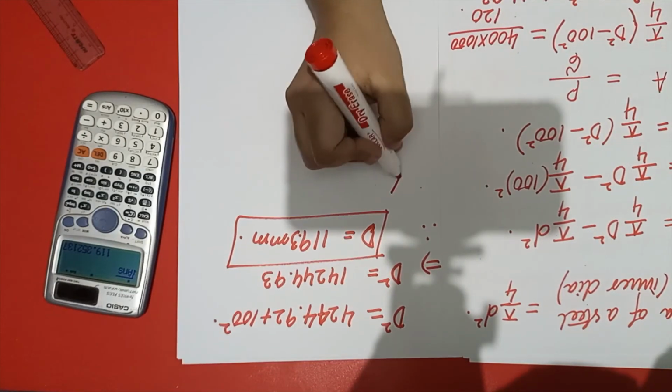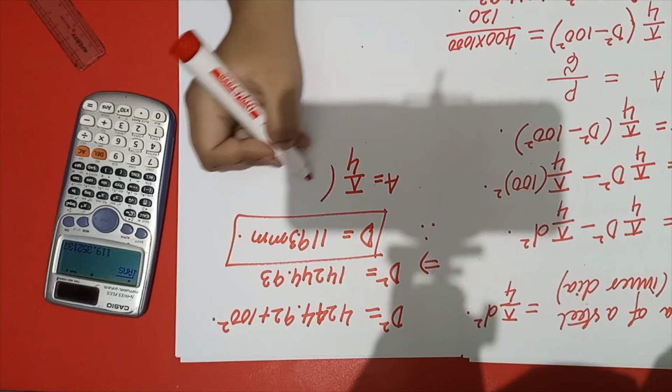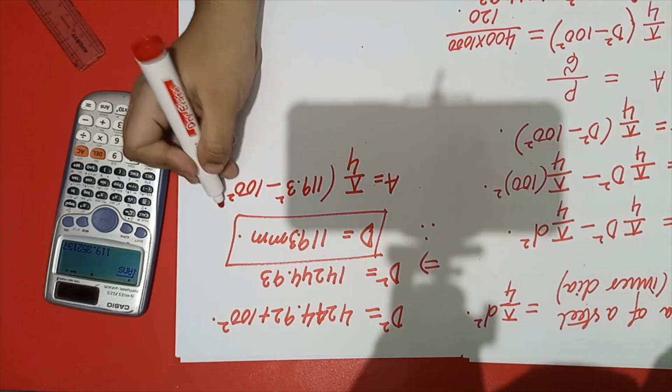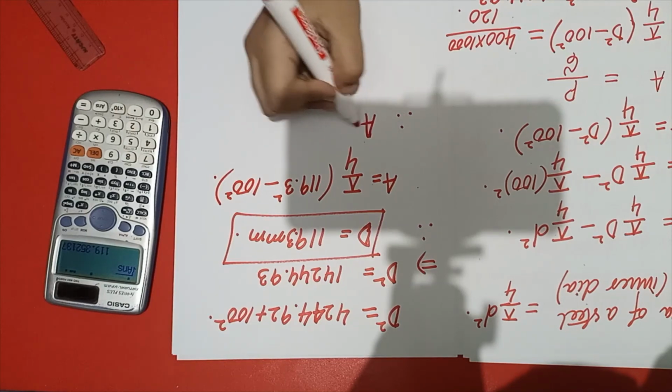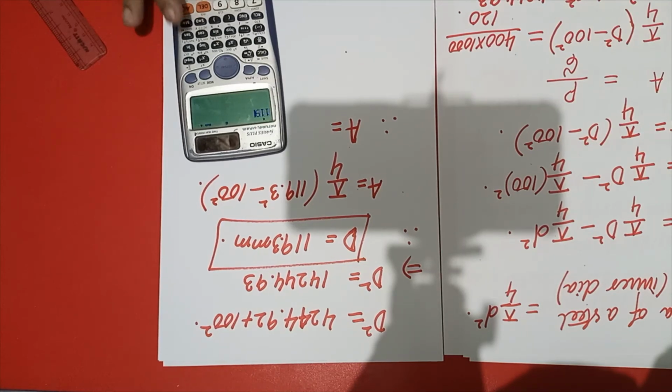So how can I get the value of area? Area is equal to pi by 4 into 119.3 square minus 100 square.